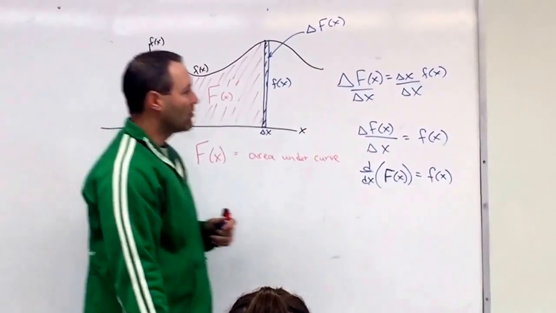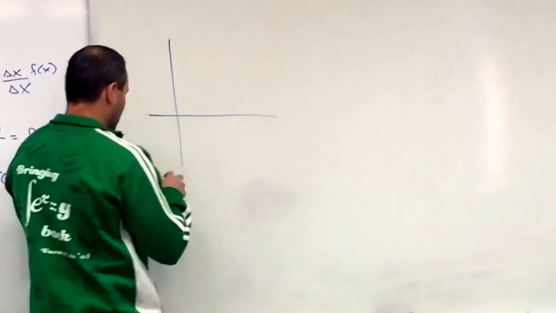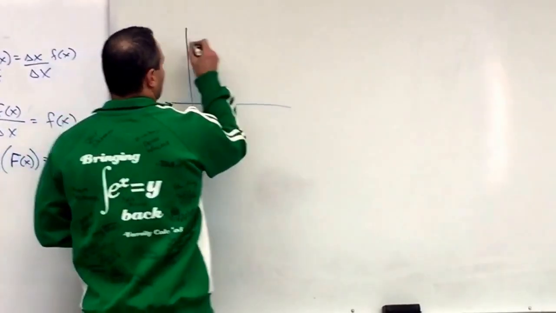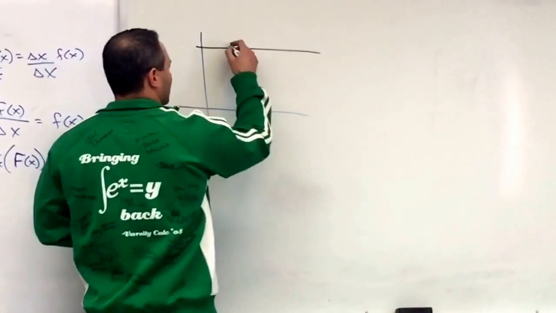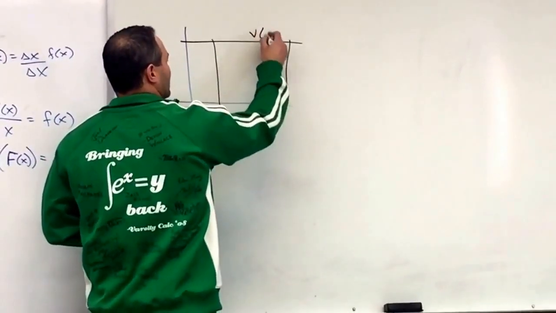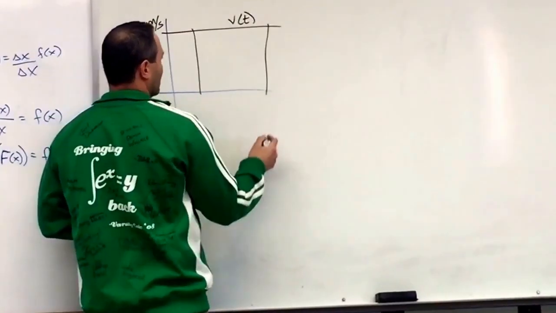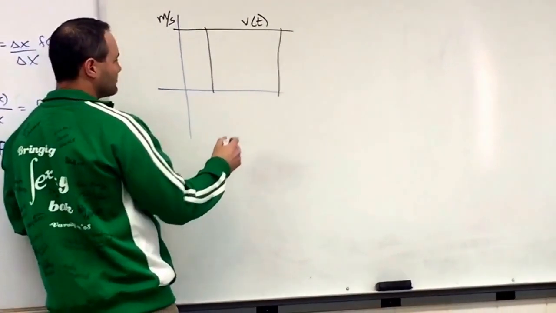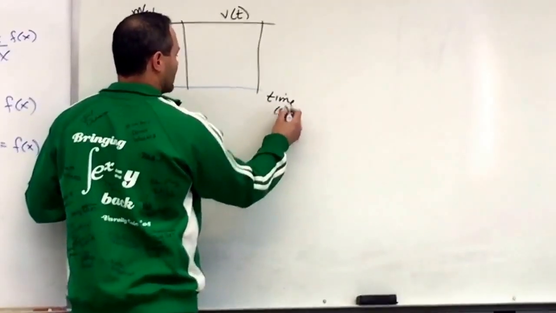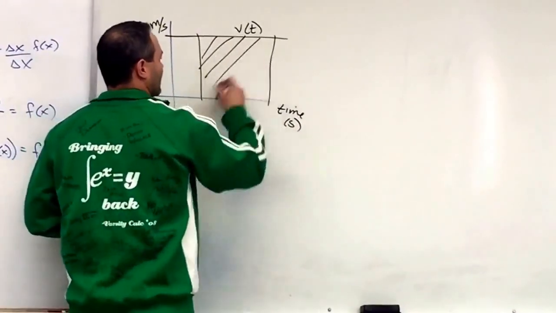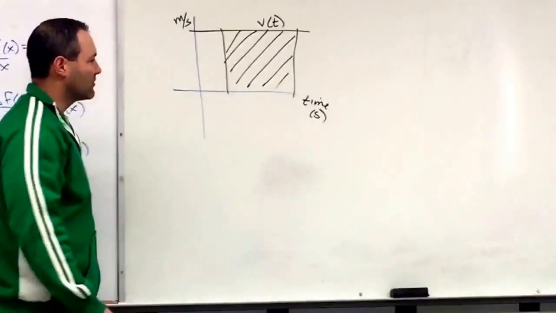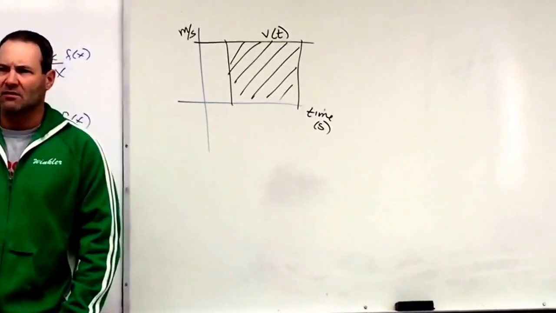Do you remember when we had the velocity? We just did a rectangle. If this is v of t, in meters per second, and this is time in seconds, the area underneath this velocity curve, remember what that gave us? Distance.